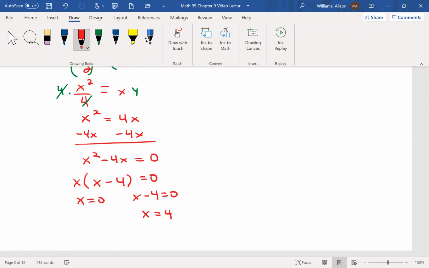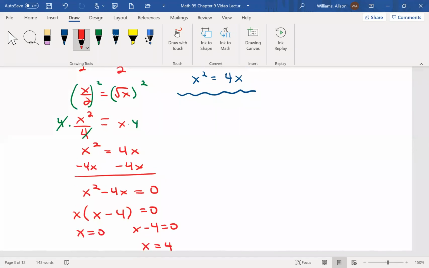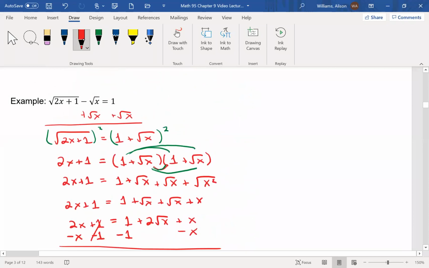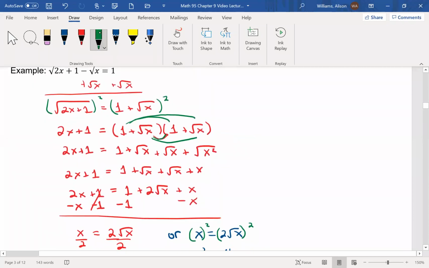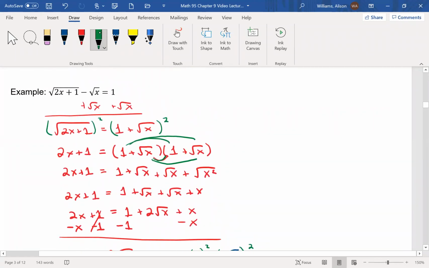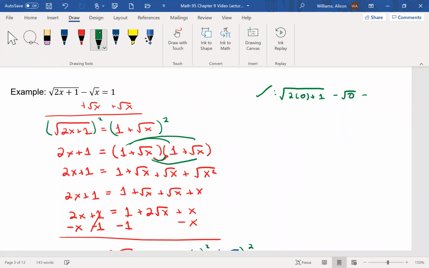All right, let's check it and see if it works. 0 and then 4. All right, so I'm going to come all the way back up here. On my screen, it's hard for me to zoom out. Hopefully you're able to see all of yours. I'm going to plug in 0 and then 4. Okay, so 2 times 0 plus 1 minus the square root of 0 equals 1.